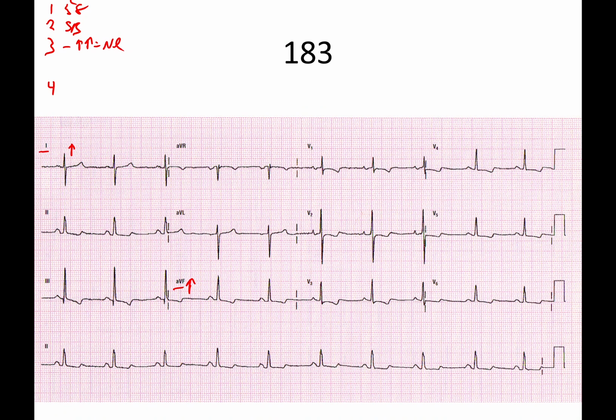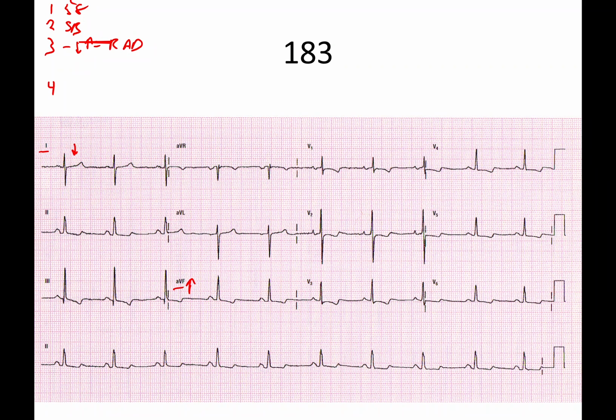Oh, sorry. I need to learn how to read my notes. I apologize. We are negative in lead 1, which actually makes more sense now that you stare at it a little bit. So negative and negative gives us right axis deviation. Who's my isoelectric? I'm leaning towards lead 1.